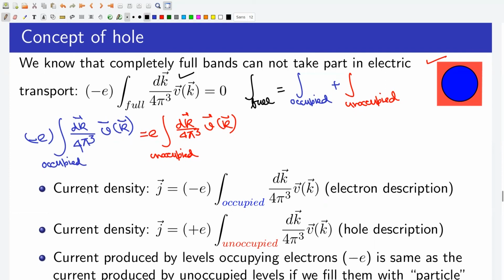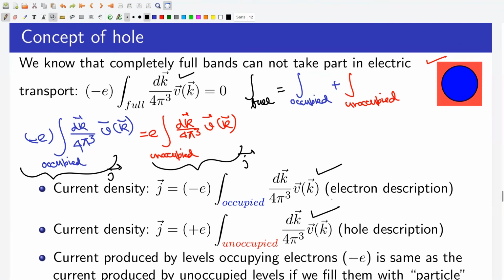Since the left hand side is equal to J, the right hand side also has to be equal to J, the current density. Thus, current density can either be obtained by calculating this integral over the occupied states or by calculating this integral over the unoccupied states.